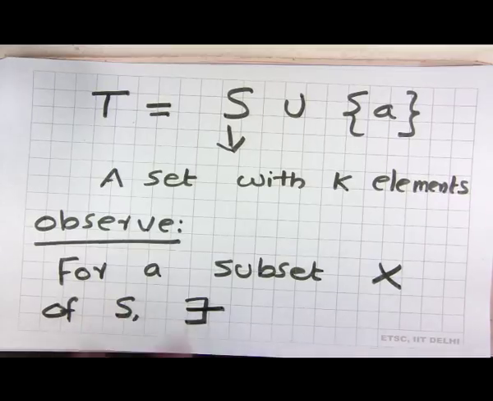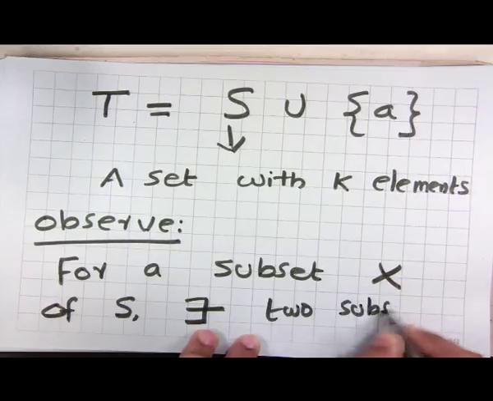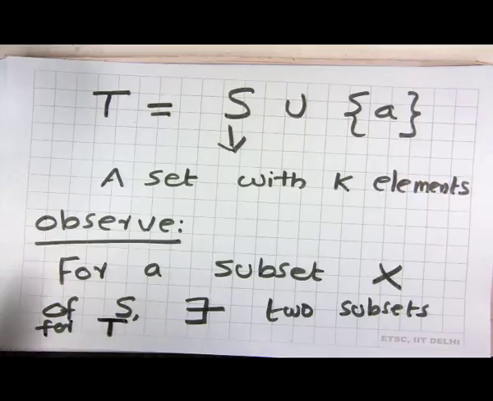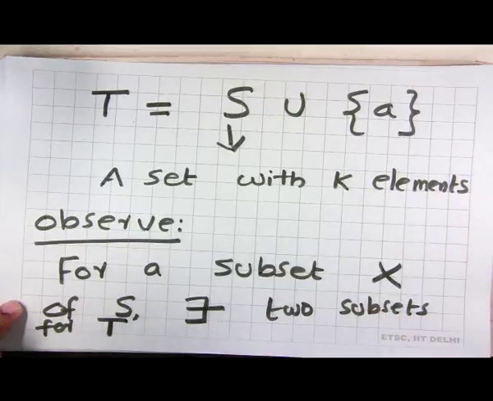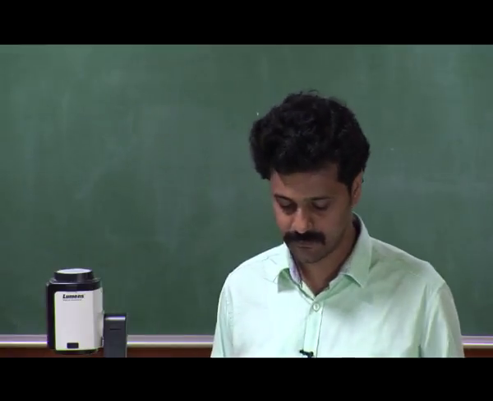There exist two subsets for T. Start with a set S having k elements. You consider a subset X of that set. Using this subset X, I can get two subsets for T, namely the following.